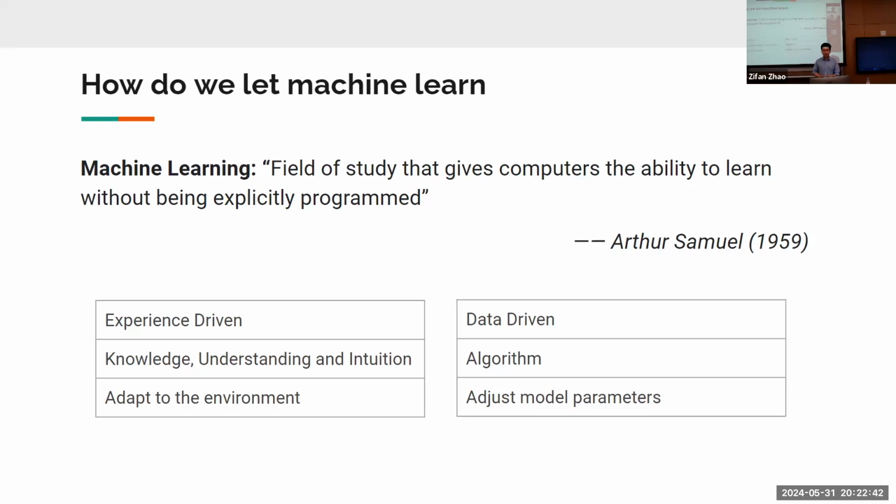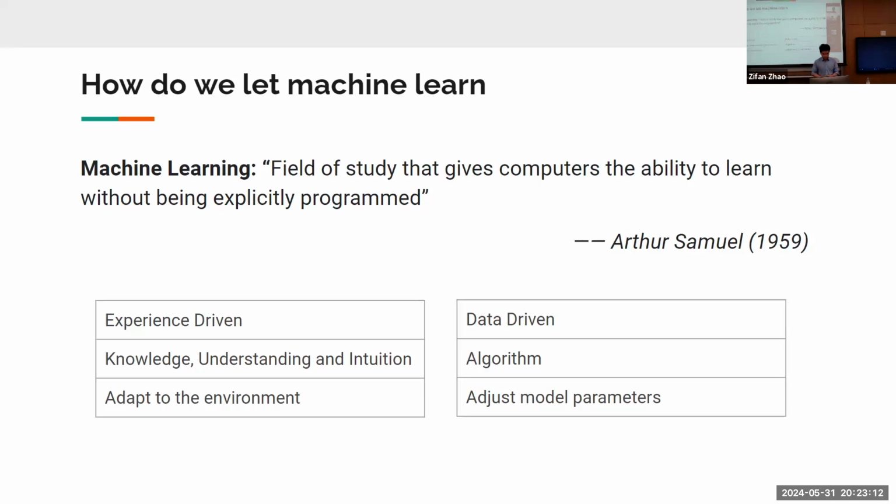And instead of being controlled by knowledge or understanding, it is the algorithm that defines how the models work in a more mathematical and more logical way. And also the models directly adjust their model parameters as an adaptation to the data and to the training process, similar to our adaptation to the environment around us in order to reach our goal.